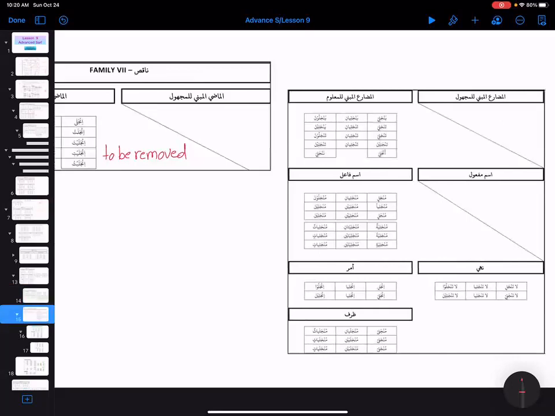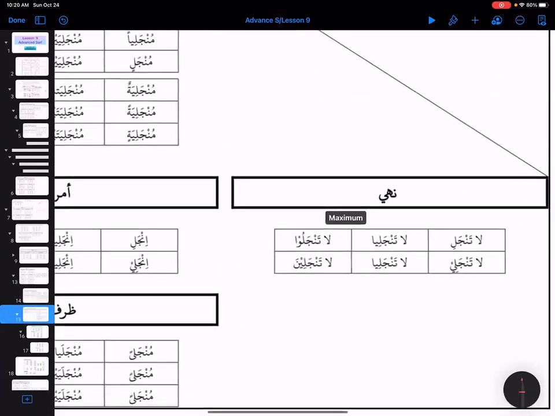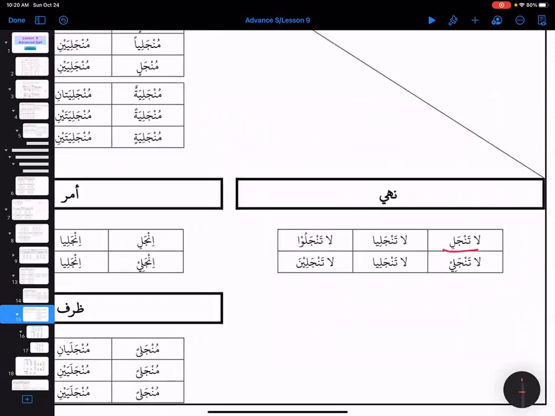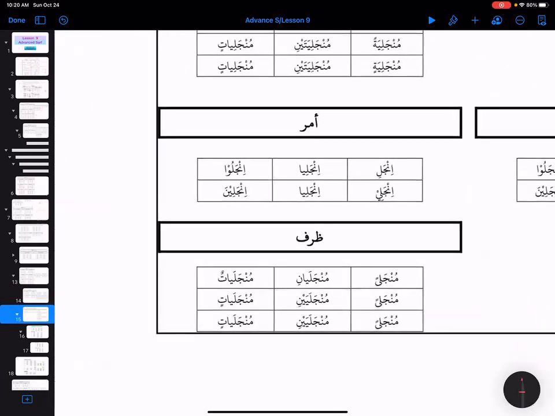Injala, yanjali, injilaan, fahuwa munjalin. Right? And then we don't have majhul, and then the amr is injali, and the nahi is la tanjali, by dropping the weak letter at the end. And the zarf will be munjalan.